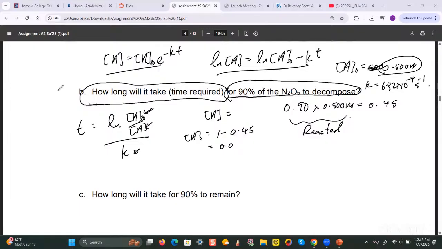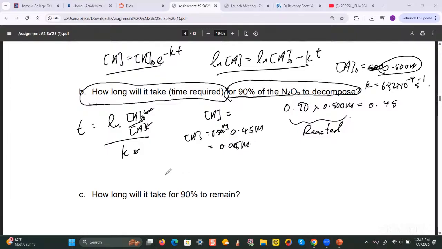So 0.500 minus 0.45 M, and that will give you, you're right, 0.05 M.